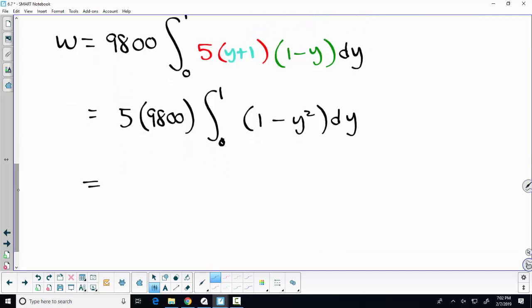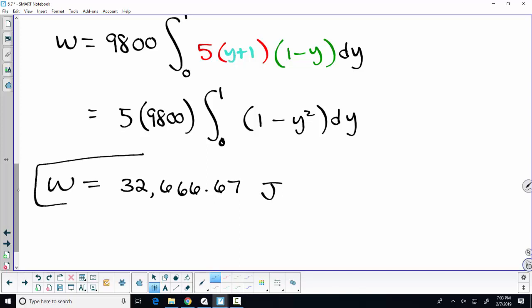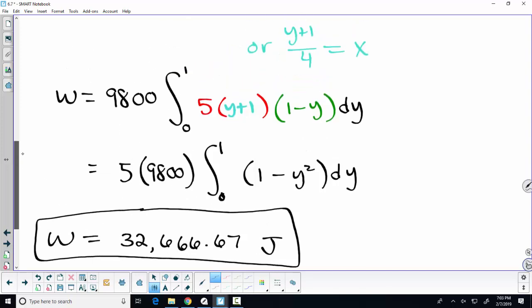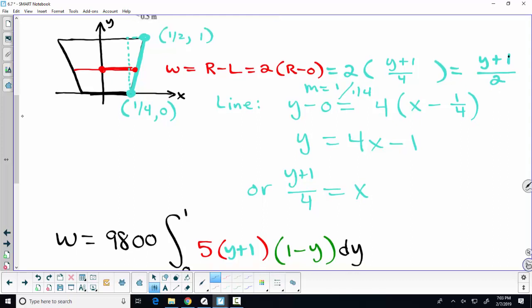So we should come out with the work to be $32,666.67 joules. So, are there any questions on the setup here?